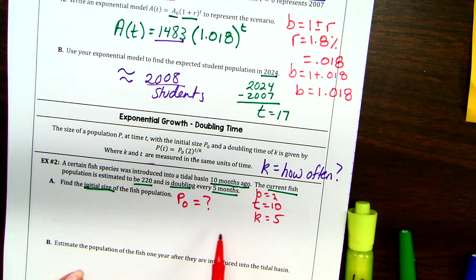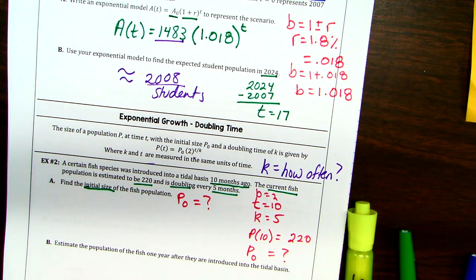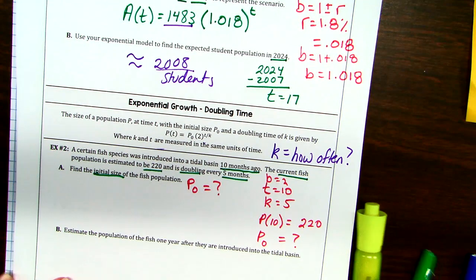So that leaves one variable, by the way. That leaves P of T, which is P of 10. That's the total after 10 months. The question is, how much do we have now? How much did we have when it started? We know how much 10 months later we had, but how much did we have when it started? So let's just plug into the equation.